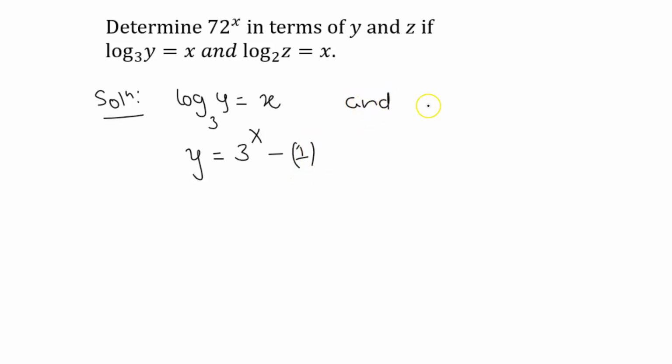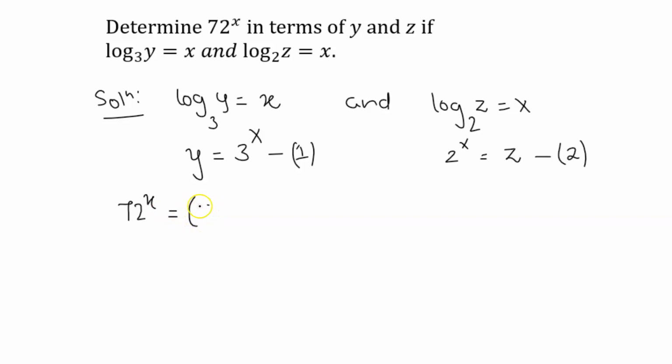And from the second log, we have log of z to the base 2 equals x. So here we have 2 raised to the power of x equals z, and let's call it equation number 2. Now we have 72 raised to the power of x. When we factorize 72, the factors will be 8 times 9. So 8 times 9 is 72.